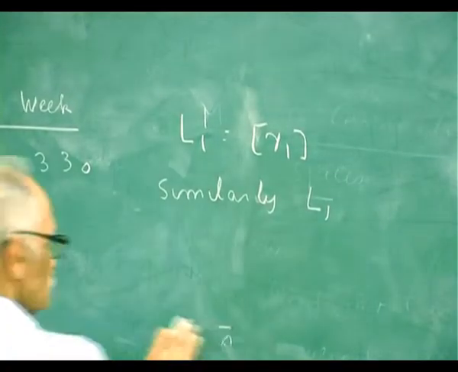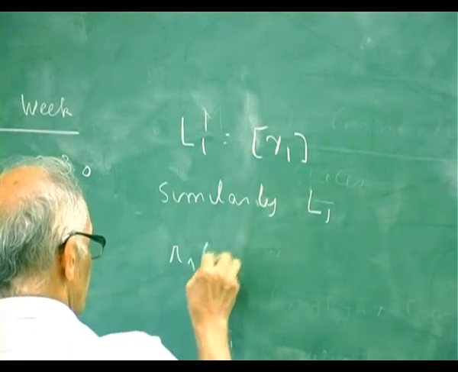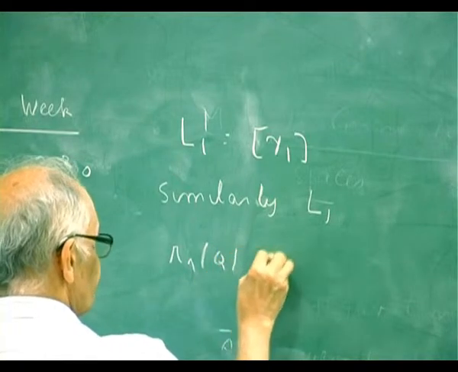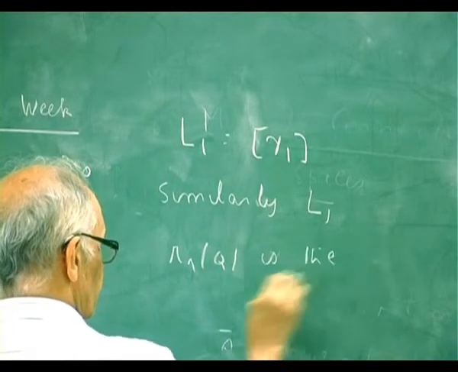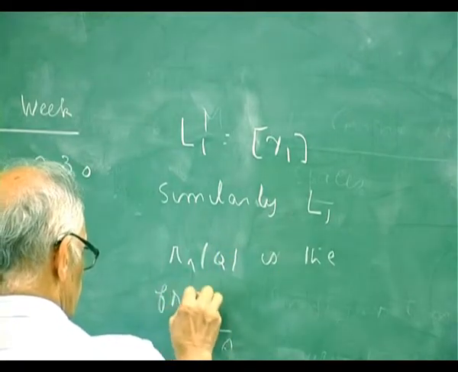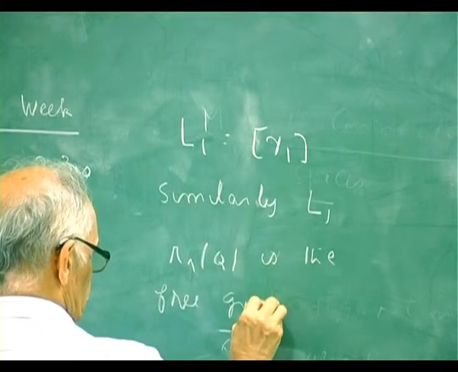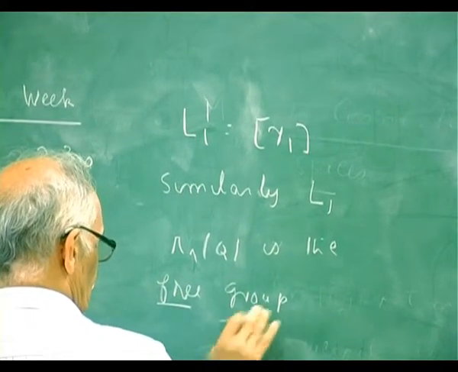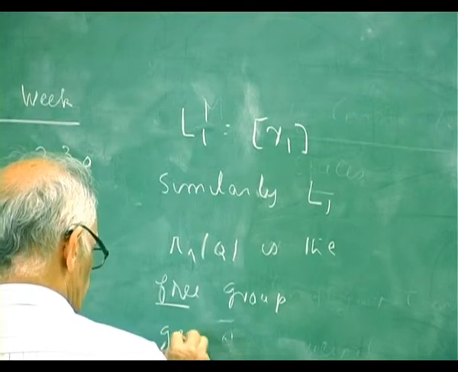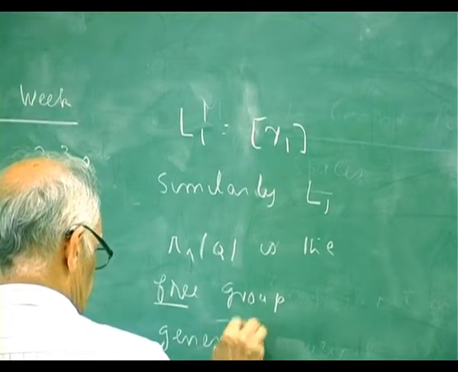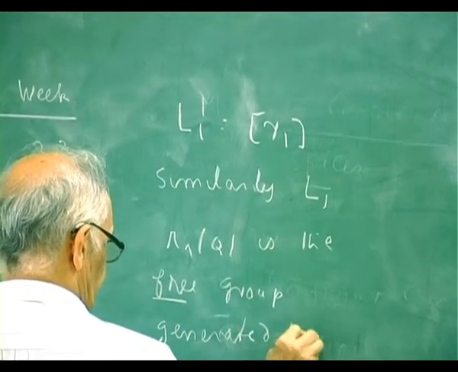Then pi_1 of Q is a free group. You know what I mean by it. Generated by the Li.